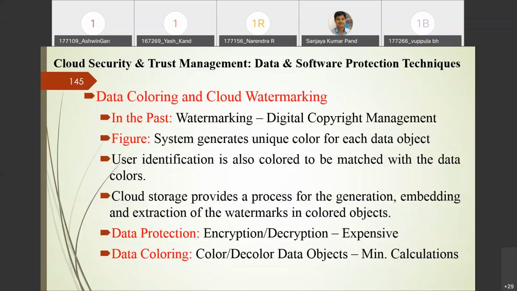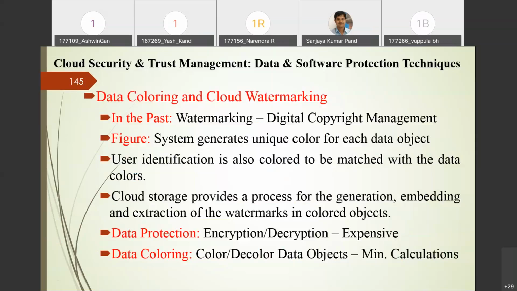So cloud storage provides a process for the generation, embedding, and extraction of the watermarks in the colored object. When watermarks are used, the data and watermark are mixed together in order to generate new data, and the new data is stored in the data storage.